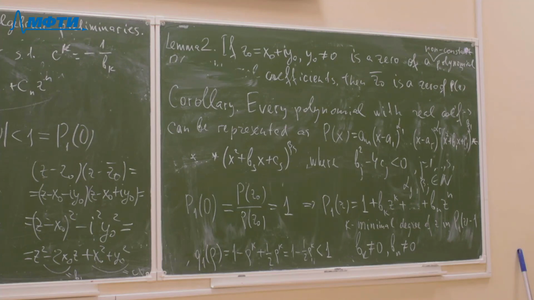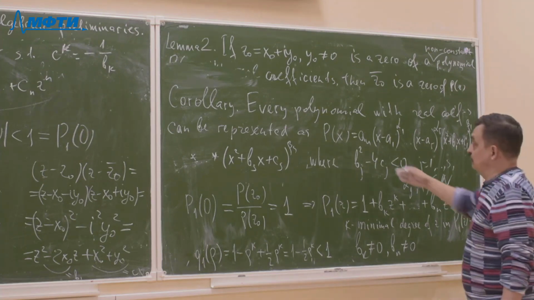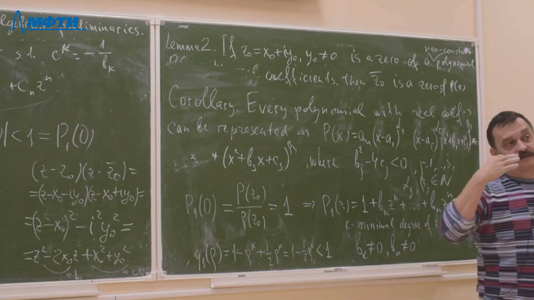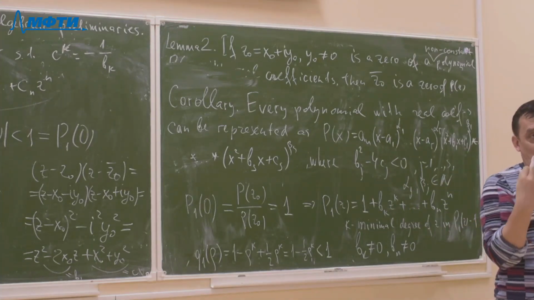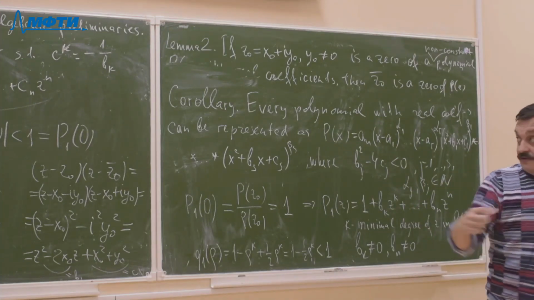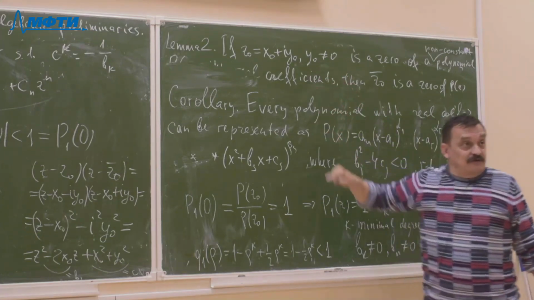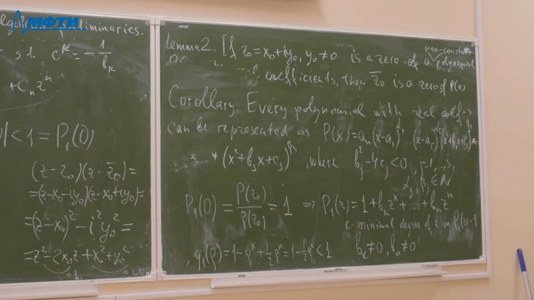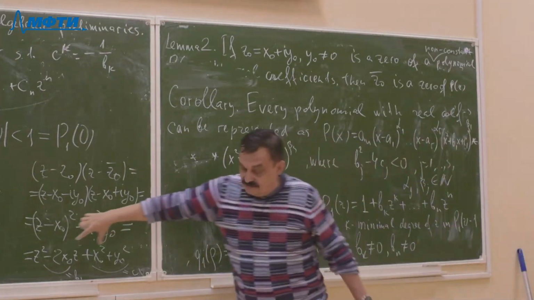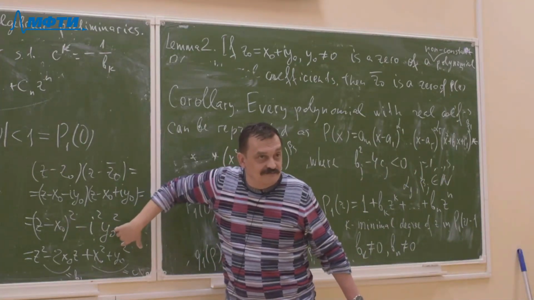So what does it mean? It means that once a real polynomial has a complex zero with non-zero imaginary part, then you can divide it by an irreducible quadratic polynomial of this form, right?